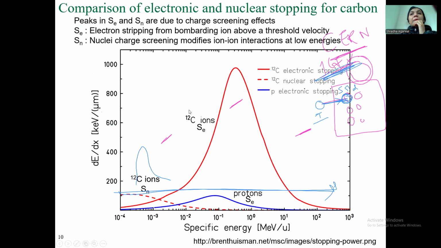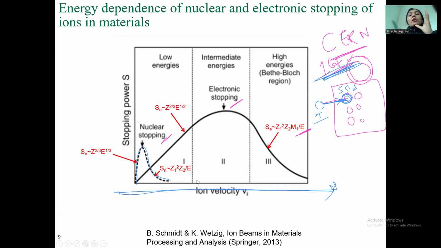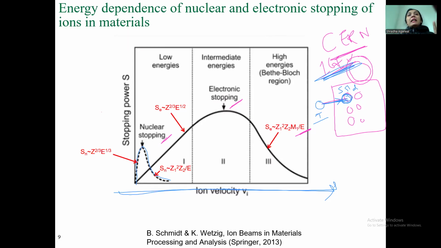Here E1 by half, and then it becomes 1 by E. So that is what I am plotting over a very big ion velocity range. And you see it inverted, not exactly inverted, but if I plot a nuclear energy loss, I'll plot it there.